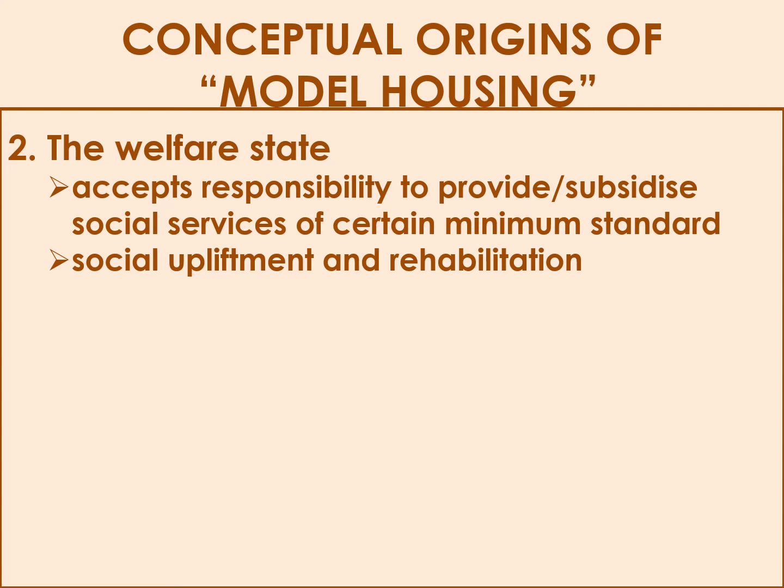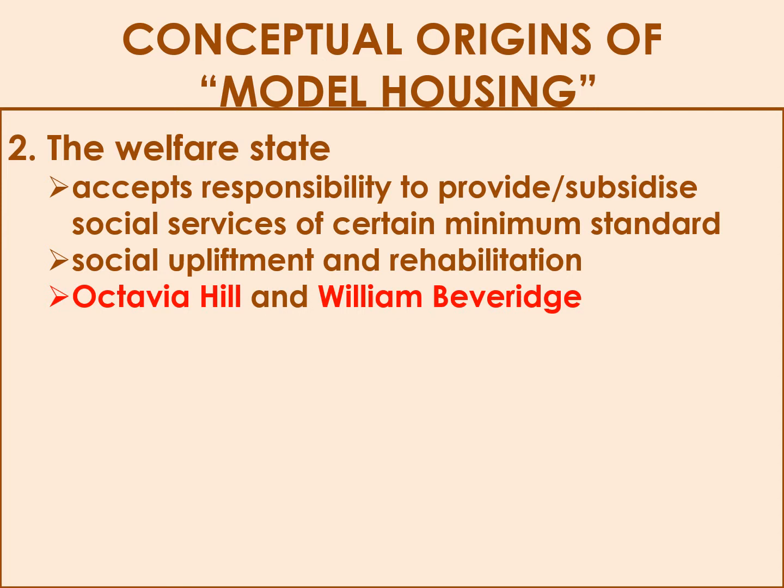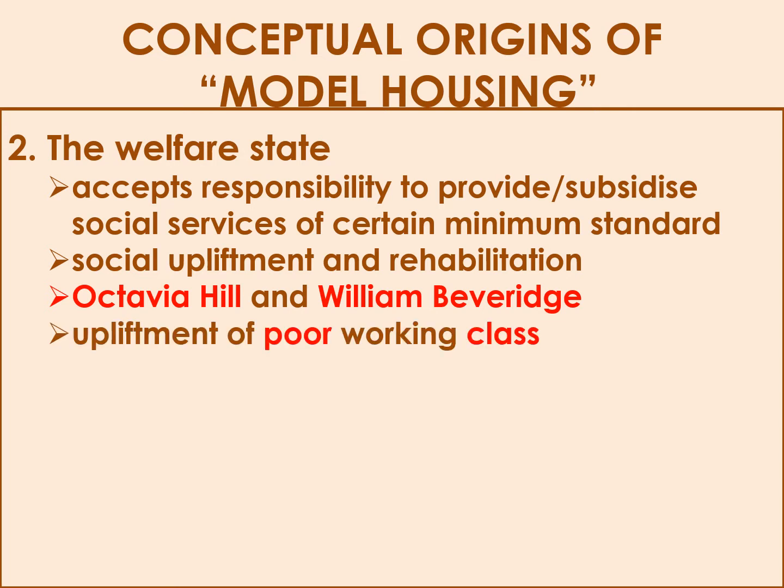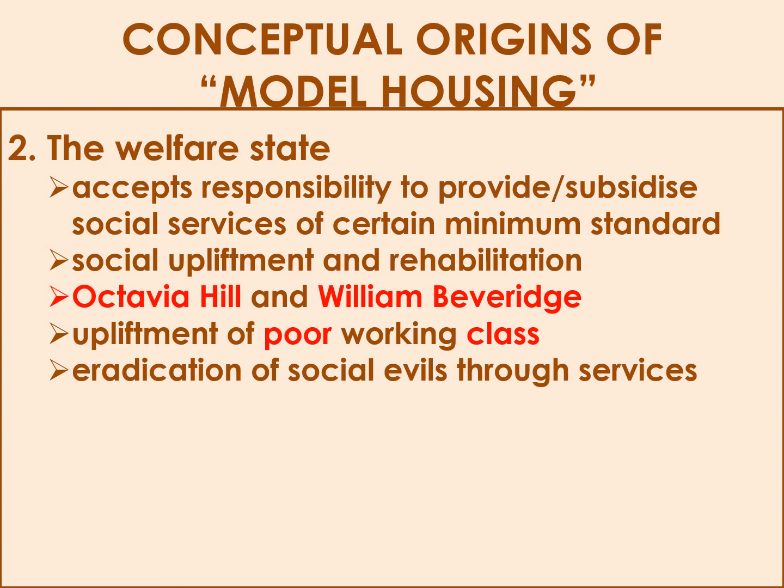It was especially the work and influence of Octavia Hill and William Beveridge in Britain that focused on upliftment of the poor working class and the eradication of social evils like squalor, ignorance, want, idleness, and disease through welfare services and state intervention.